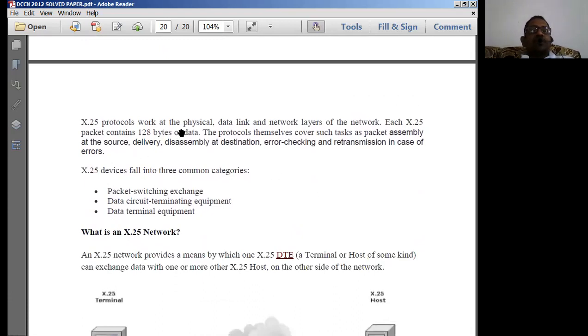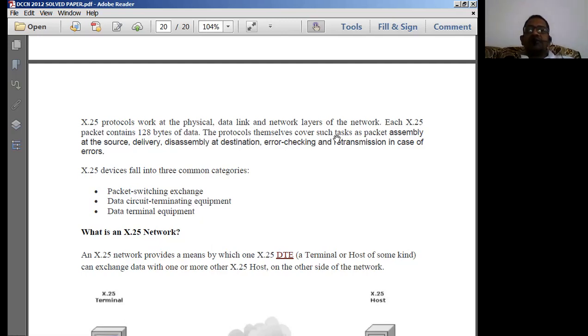The X.25 protocols work at three layers: the first layer, physical layer; second layer, data link layer; and third layer, the network layer. The protocols work at these three layers. Each X.25 packet contains 128 bytes of data.